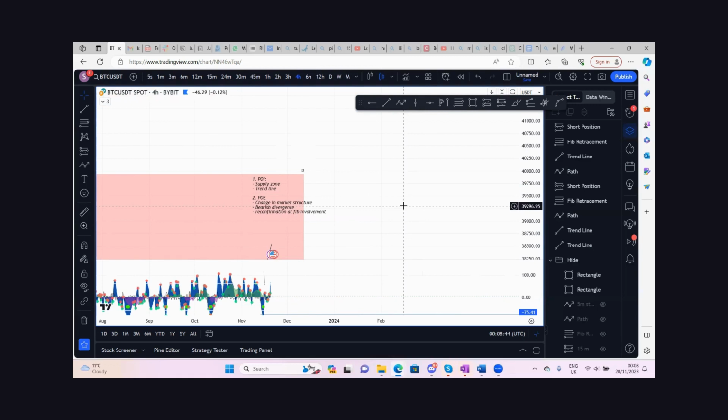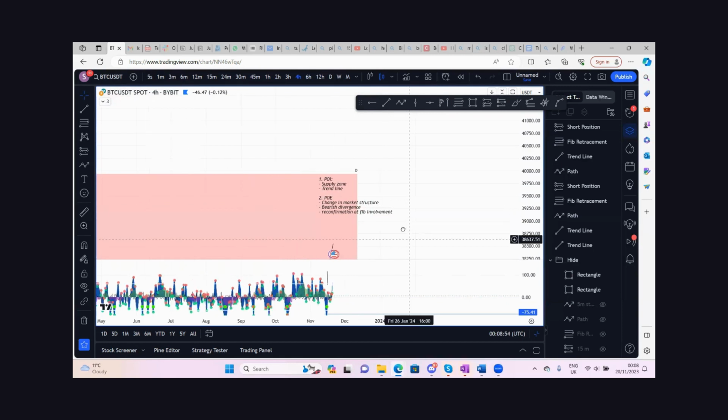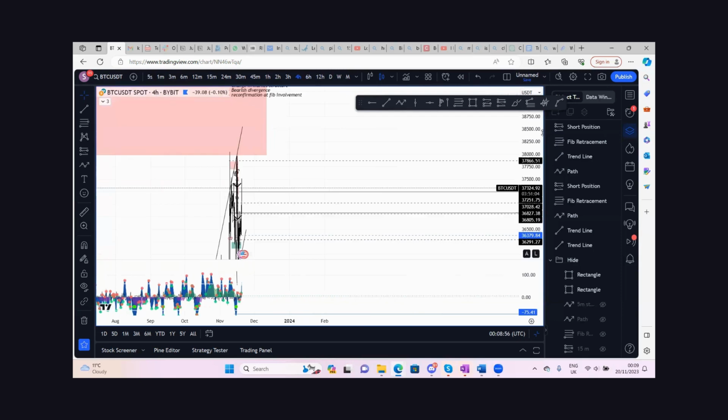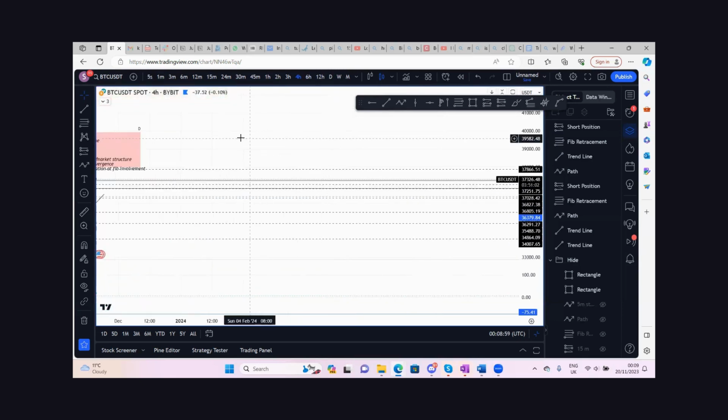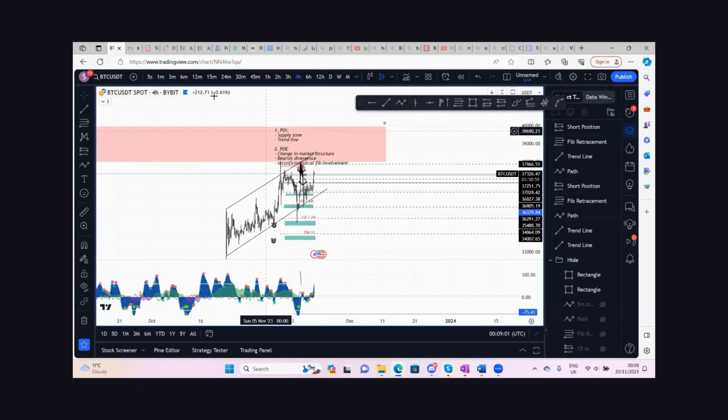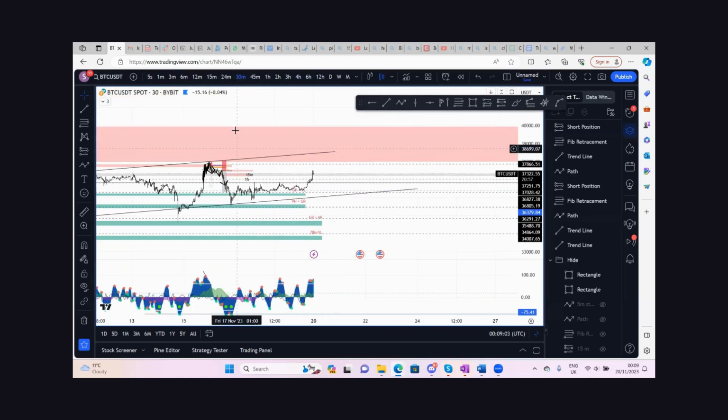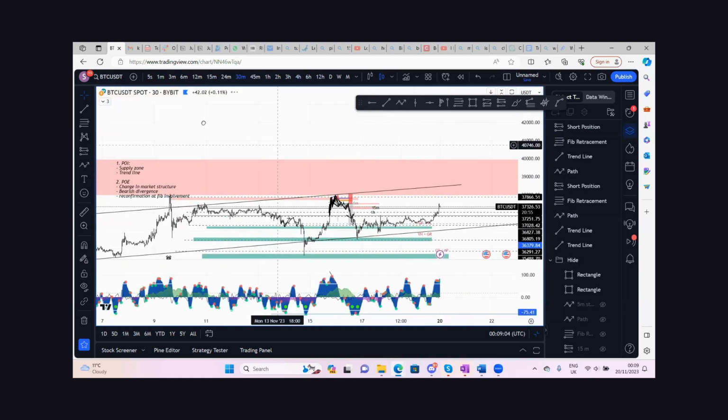What patterns are printing as we approach the area? Is there a change in market structure? Is there a bearish divergence? And can I get involved for reconfirmation at a fib level? And that's exactly what we got. So this is quite a nice move. I'm currently up 121%, and we're waiting to see exactly what price does next.